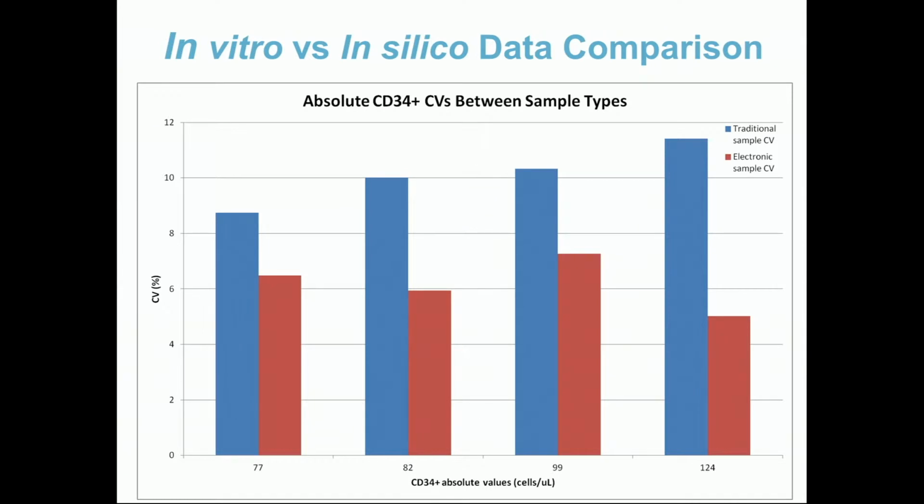On the 4 where I did, again we can see the wet sample error versus the electronic sample error. Again, wet samples have got more error, but just the analytical error is surprisingly quite large. Again, it averages out about 60%, except on this one where it's about 45. Well, this is low to about 45, but on average, it's about 60% of the total error on a traditional sample.